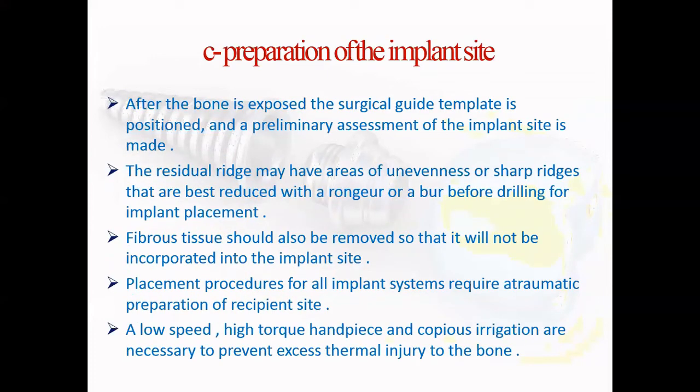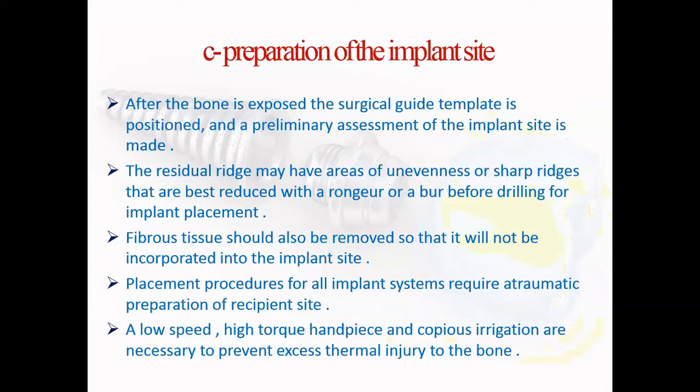After we prepare the incision and expose the bone, we have to have a surgical guide template, which should be prepared before the placement of the implant, so it can be positioned and a preliminary assessment of the implant site can be made.